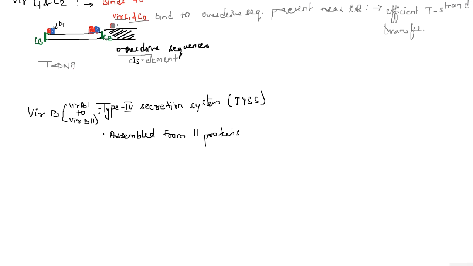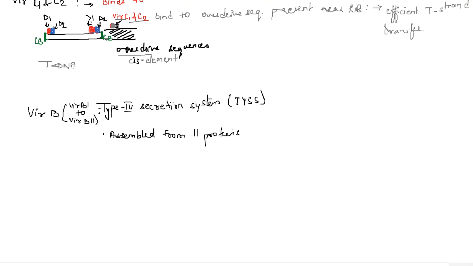I have just changed the place of Vir D1. It should be afterwards, D1 and D2. Got it? And this is C1 and C2. Here the C1 and C2 is going to bind.